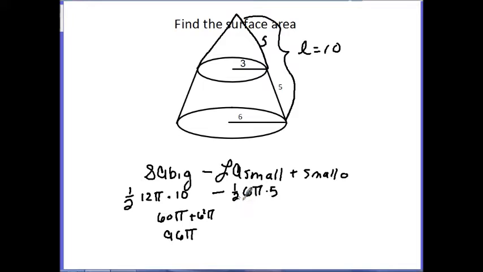Half of 6 pi is 3 pi, and 3 pi times 5 is 15 pi. Last but not least, I need to add on the area of that small circle. That small circle is radius squared pi, which is going to give me 9 pi. So here we go. 96 pi minus 15 pi plus 9 pi is going to give me a total of 102 pi.